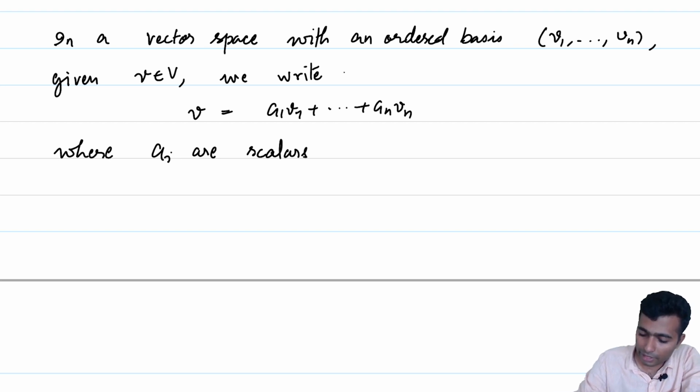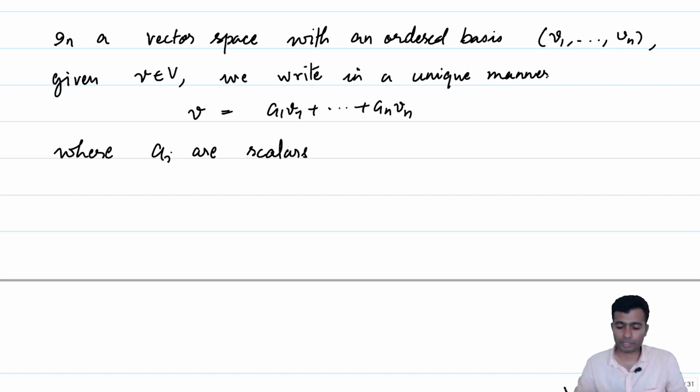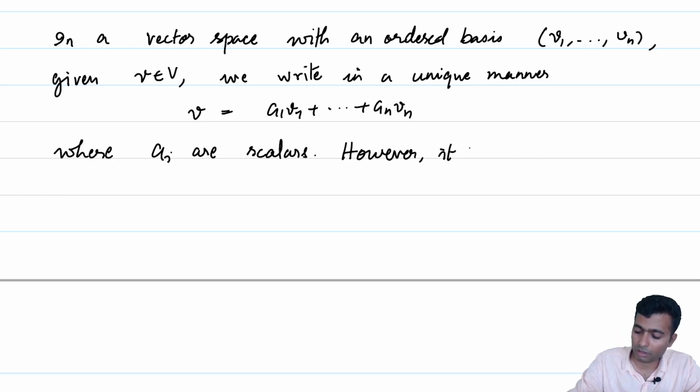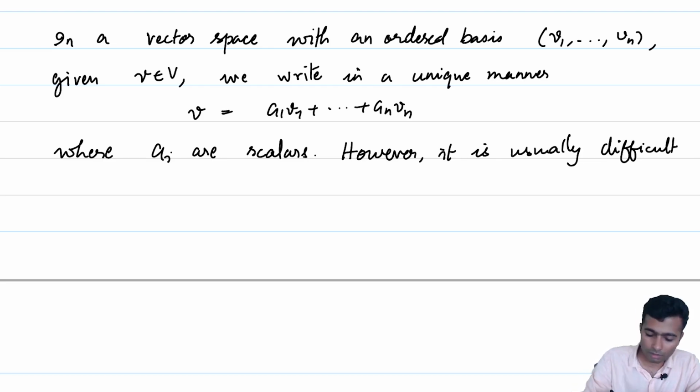We can write V uniquely as this particular linear combination. However, it's usually difficult to compute the Ai explicitly.